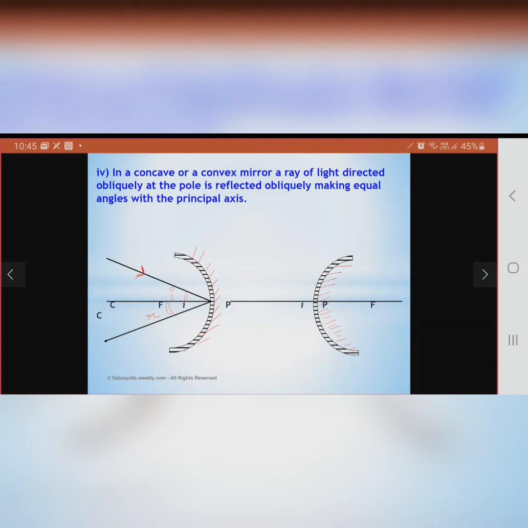Okay? So whatever angle the incident ray was making with the principal axis, the same angle would be made by the reflected ray with the principal axis. So the rule remains the same for convex mirror. So this is our incident ray and this is my reflected ray. Angle of incidence, angle of reflection.